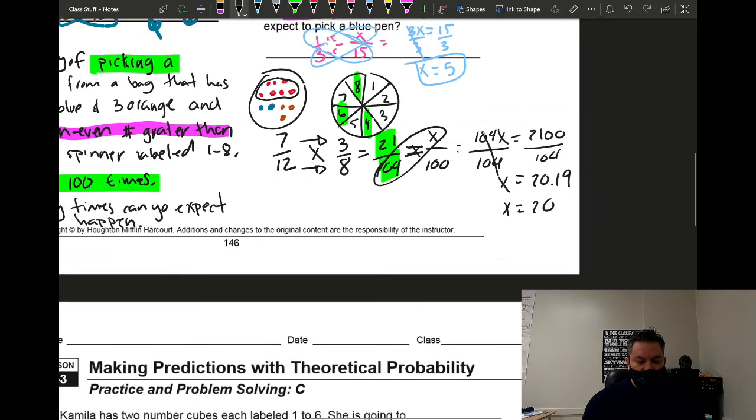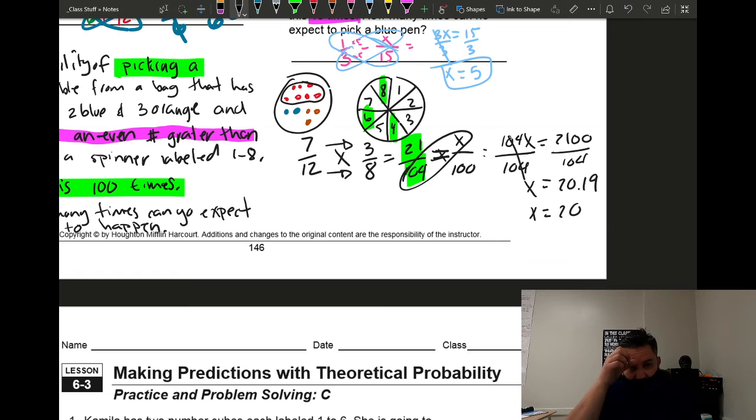So again, to find this scenario, you're gonna find the probability for the first thing, which is the marble, the probability for the second thing, which is the spinner, combine them by multiplying. You multiply straight across, and then you're gonna set them equal to the total, and find the missing value by doing cross products.